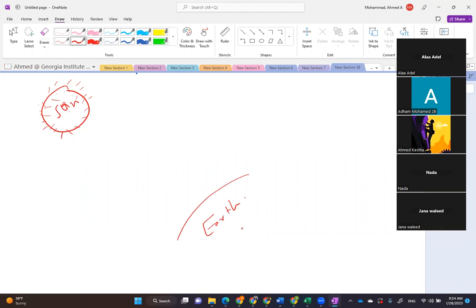So the sun emits light, and the light is absorbed by the atmospheric layers and the air surface. Some of the light is absorbed by the surface. The light coming from the sun is not the visible light only.